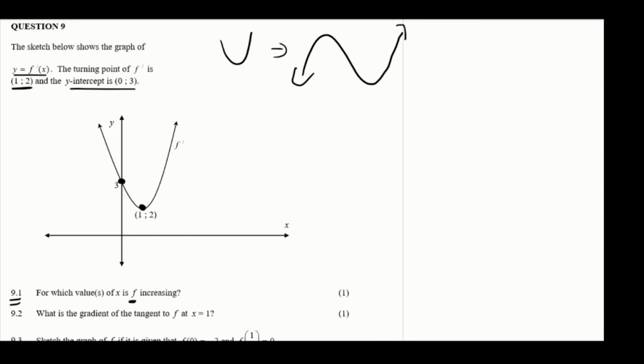So for this answer for 9.1, you can simply say that the graph of f increases for x an element of the real numbers. If you look at this side here, the graph of a cubic function is increasing from negative infinity up until the turning point. And also from this turning point, it is increasing all the way up to positive infinity.